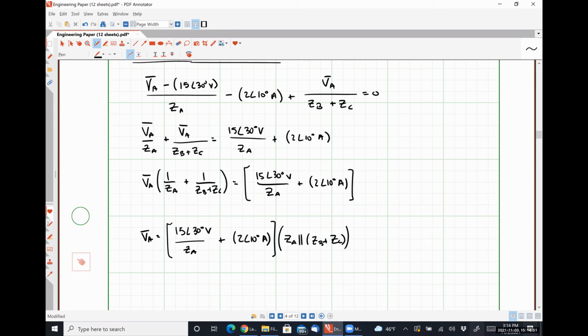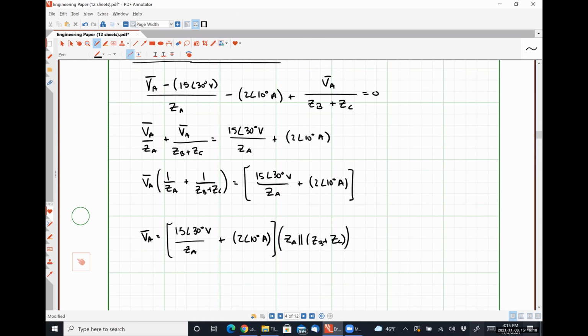That last term may not be as obvious, but when I divide both sides by 1 over ZA plus 1 over ZB plus ZC, that is exactly what I would get for the parallel combination of ZA in parallel with ZB plus ZC.